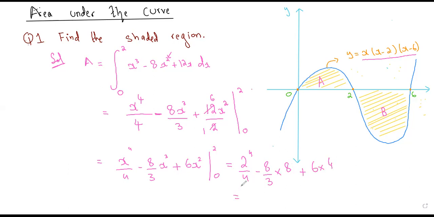Now 2 to the power 4 is 16. 16 by 4 would be 4, minus 64 by 3, plus 24. So 4 and 24 would give you 28, minus 64 divided by 3, and the answer is 20 by 3.